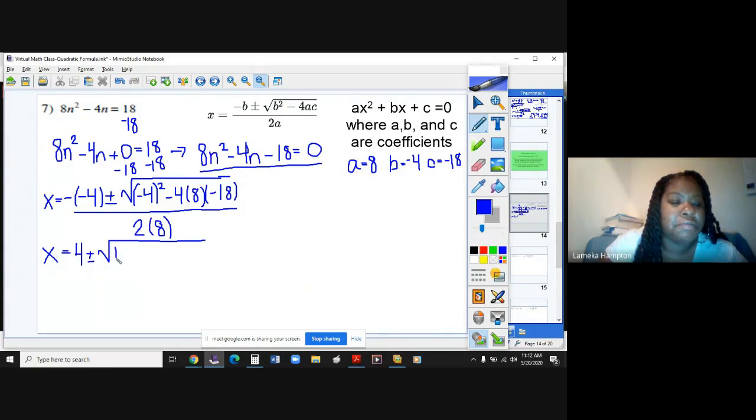Okay. It's 16. Remember, two negatives multiplied together is a positive. Now, we have negative 4 times a positive 8, and that gives us a negative 32. Now, negative 32 times negative 18.